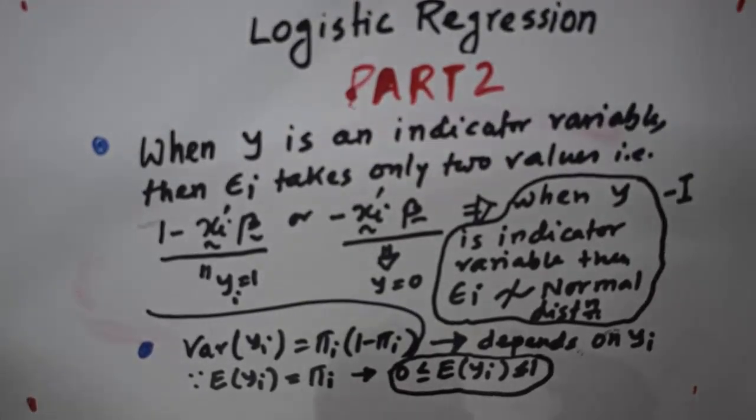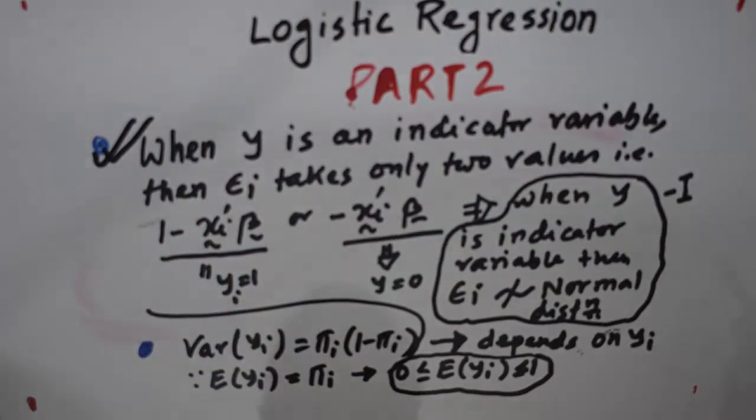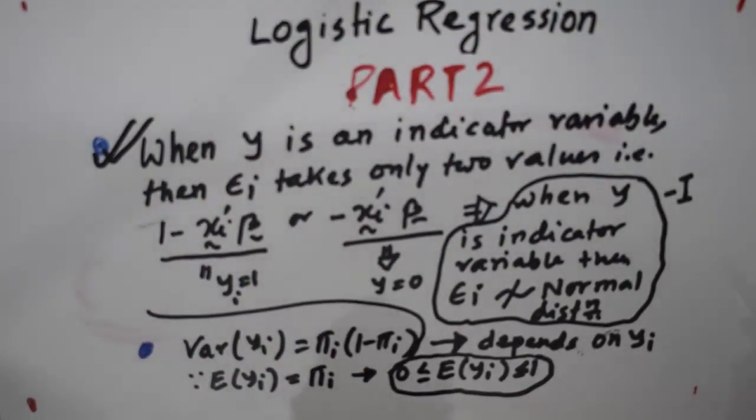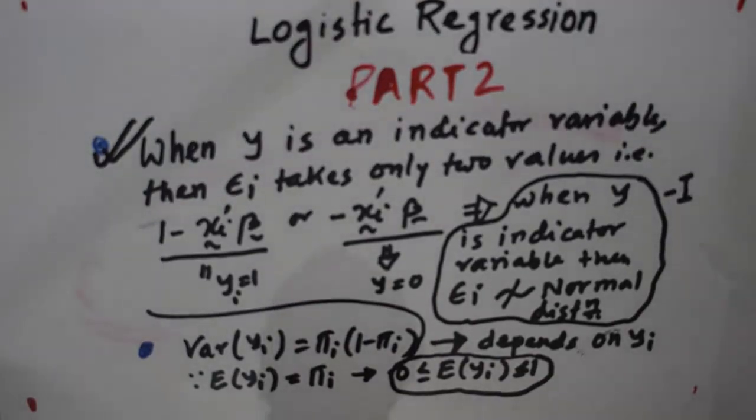So first we observe this, that is, when y is the indicator variable, then epsilon takes two values. So in this case we cannot assume epsilon follows a normal distribution.